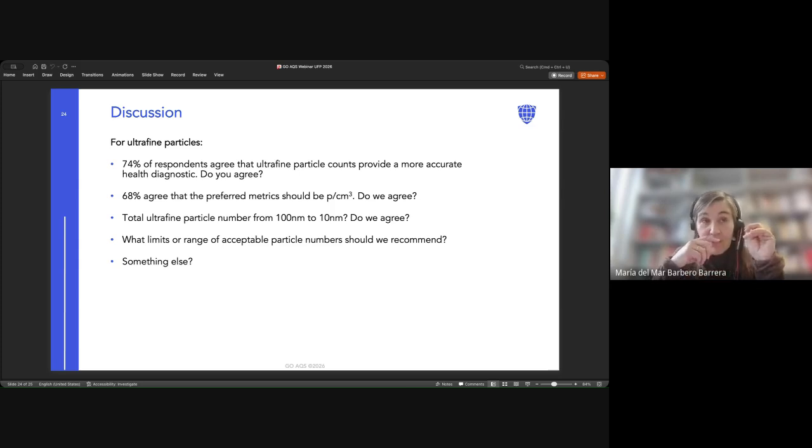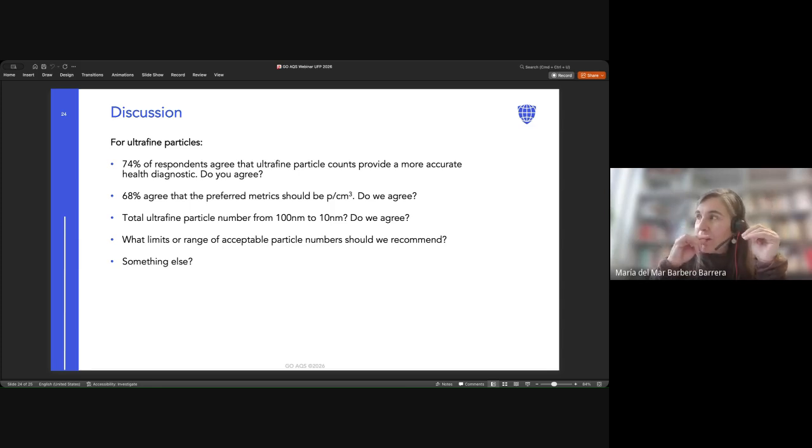We found that some devices say that they measure the ultrafine particles under 0.3, or they measure particles that go from 0.3 till the next size.